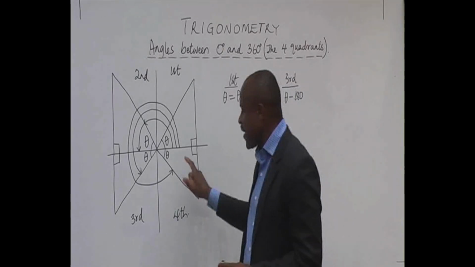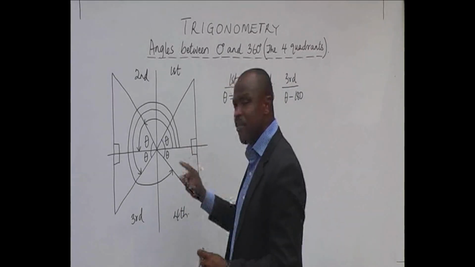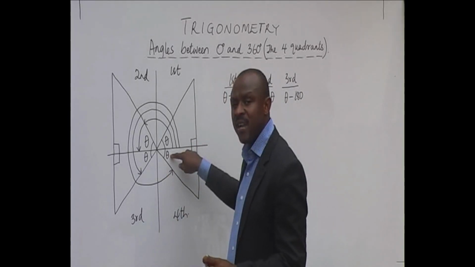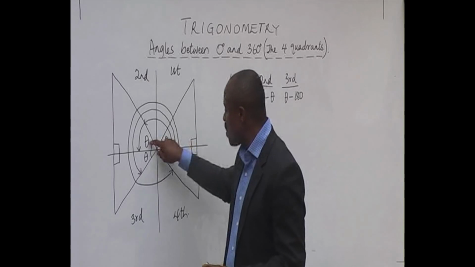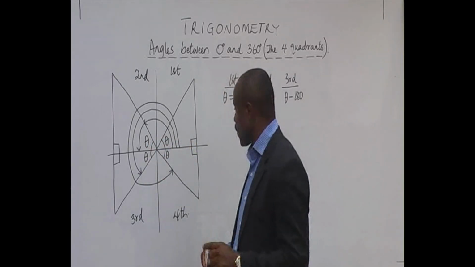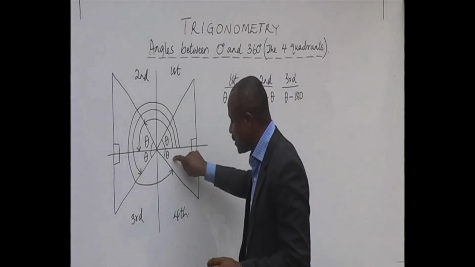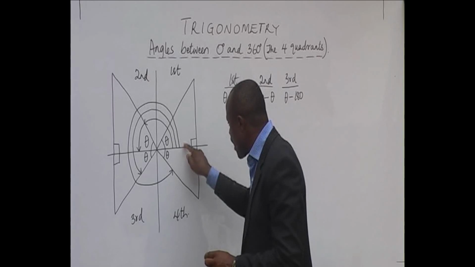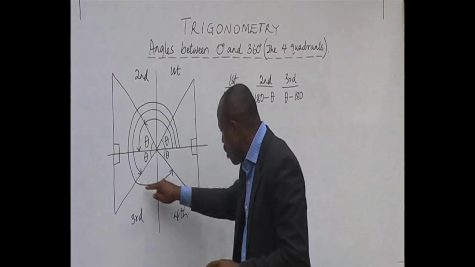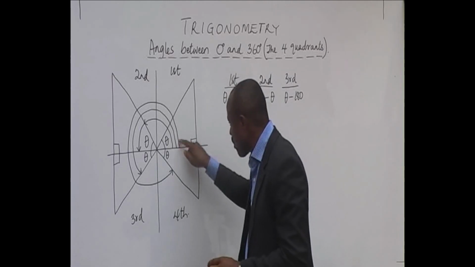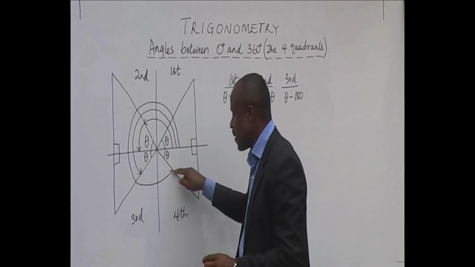Now, this angle's equivalent angle is the angle inside the triangle. Remember, the equivalent angles are the angles of the right-angle triangles in all the quadrants. So if you want to find this angle now, it is going to be the angle from 0 through all the quadrants back to 0, minus the angle from here to here.